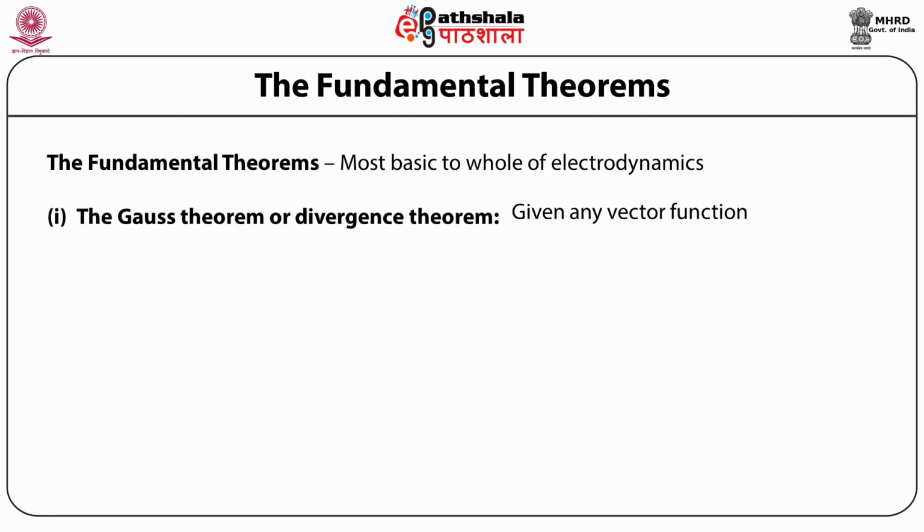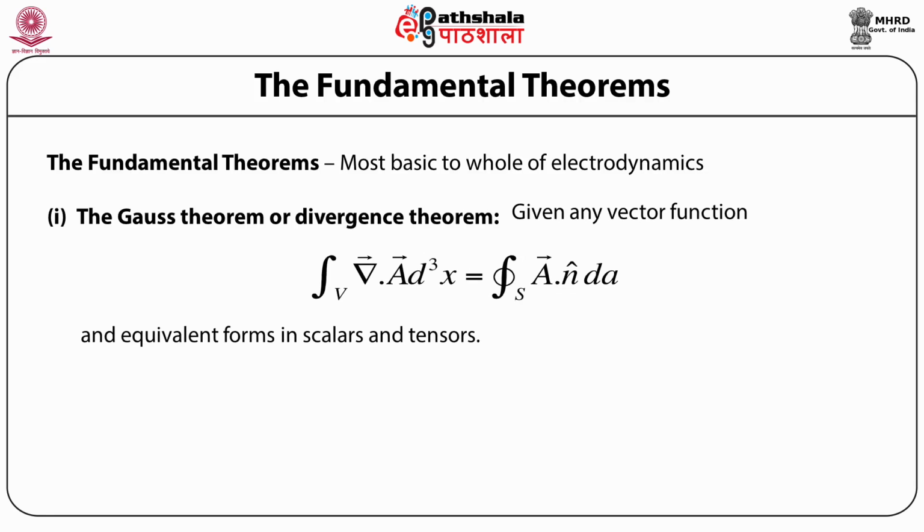If we have any vector function A, then the volume integral of the divergence of A over d cube x is equal to the closed surface integral of A dot n dA, where dA is the surface area element of this closed surface S, and the unit vector n is the unit normal vector on the surface, with its direction normal to the surface under consideration.